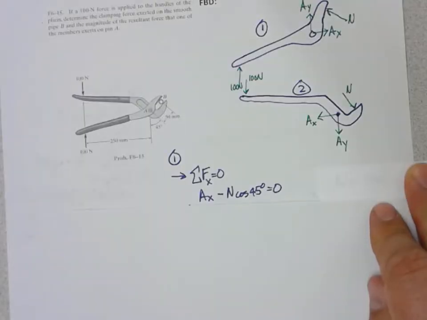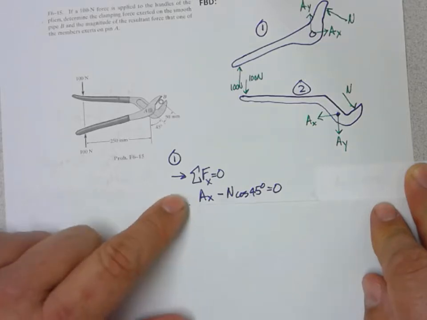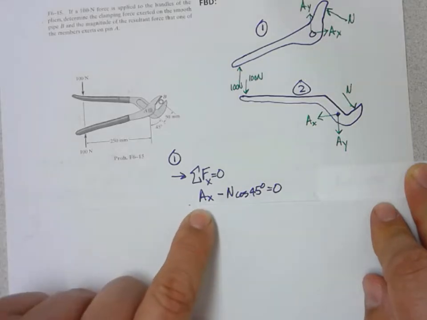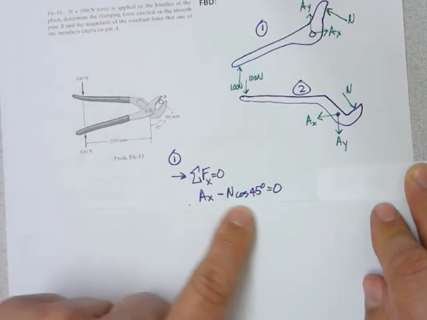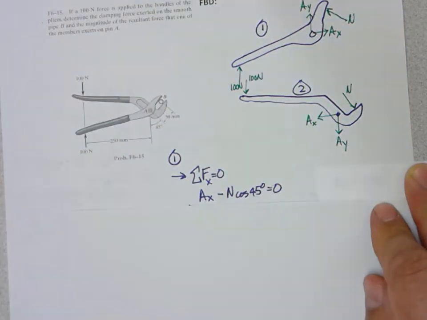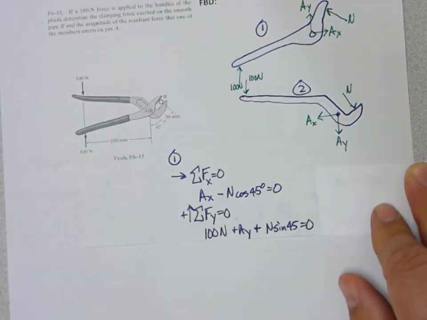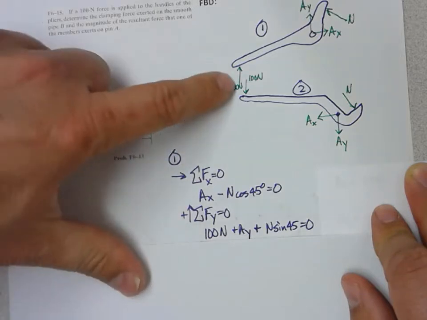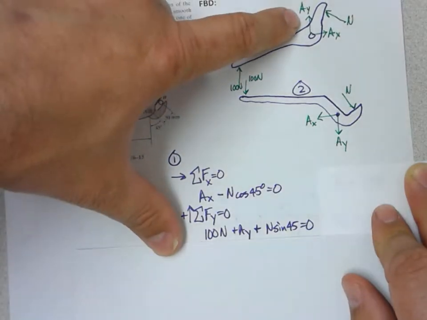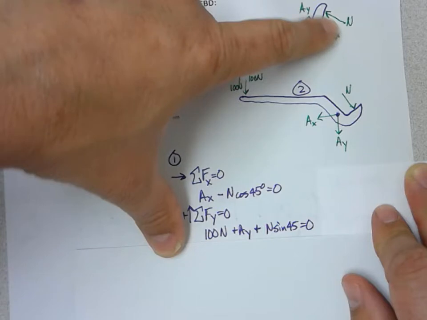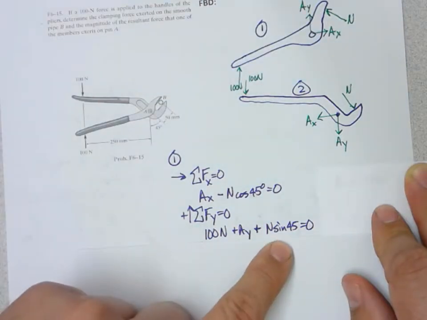All right, for the first equation, I sum the forces in the x. I'm going to end up with AX minus N cosine 45. In the y direction, I'm going to have the 100 newtons pushing up, plus AY, plus the normal here with the sine 45. Okay.